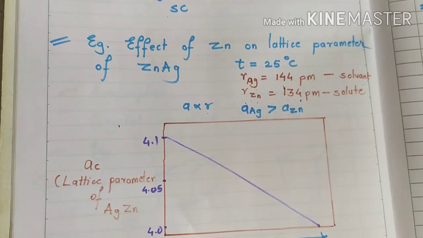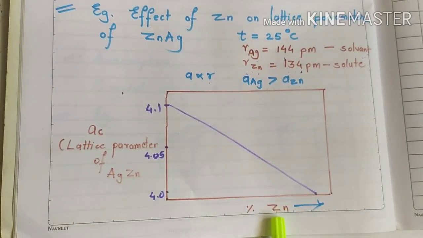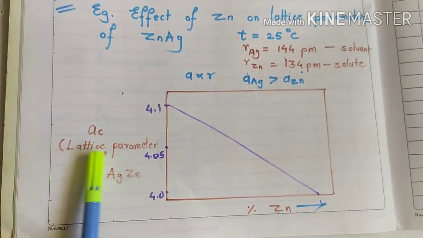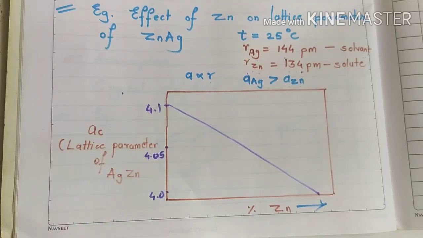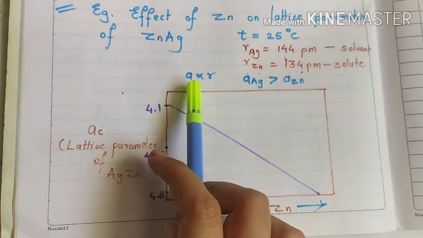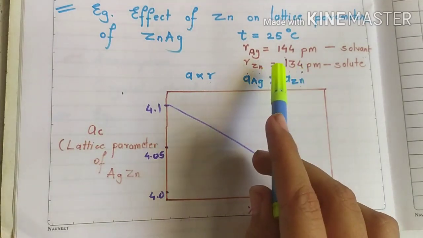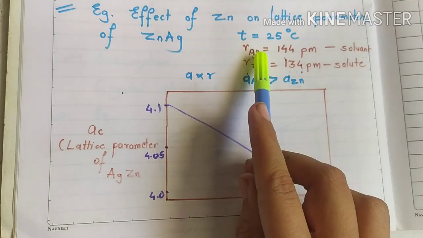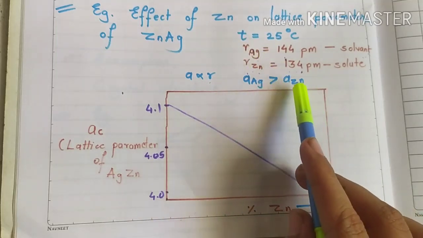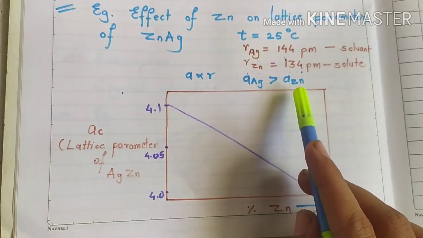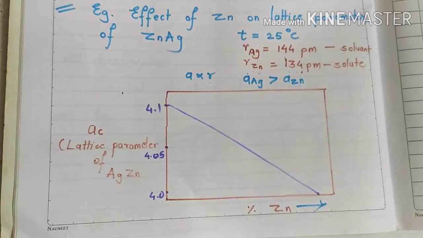And we are looking at the result of this increase in percentage on the overall lattice parameter of Ag-Zn. So we need to consider the relation between radius and lattice parameter. In our previous video, we saw that the radius and lattice parameter are directly proportional to each other. Thus, since Zn's radius is smaller than Ag's, the lattice parameter of Zn is smaller than that of Ag.